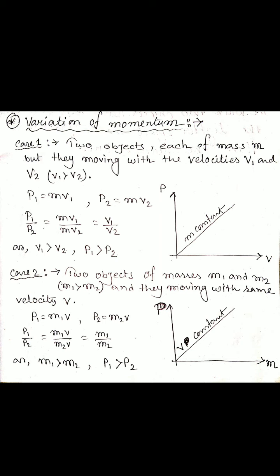Since m1 is greater than m2, p1 is greater than p2. As we increase the mass, the momentum of that body also increases if the velocity is constant. So this is also a straight line graph, p versus m, where v is constant.